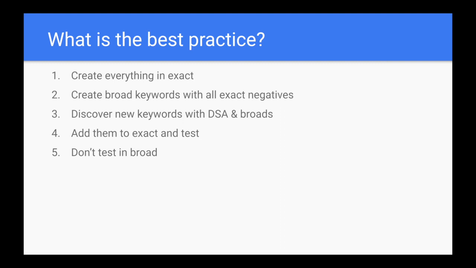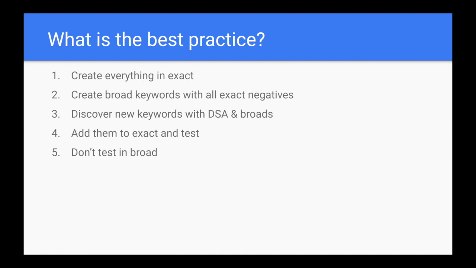You do a lot of exact keywords and only exact. You also do several broad keywords with negatives of all the exact keywords you have. You also launch a DSA campaign with a low budget. Then you go through your broad keywords and DSA, which work almost the same way, and find new exacts. Then you create new exacts in a different ad group, and you track the efficiency based on the efficiency tracking you use for your app.